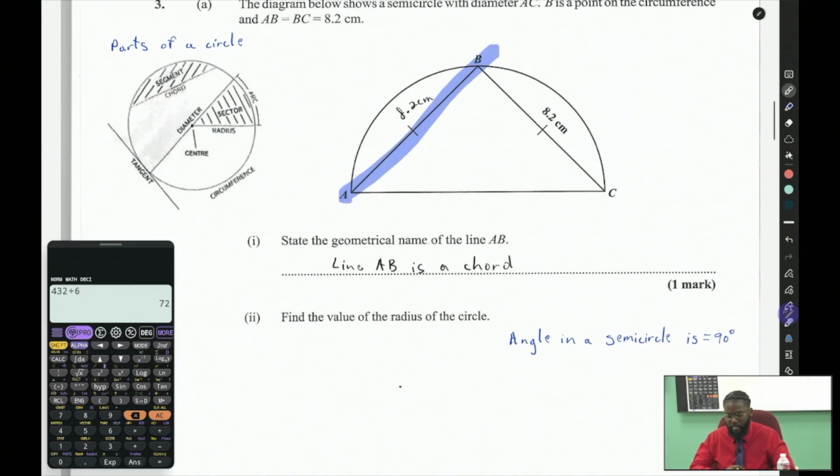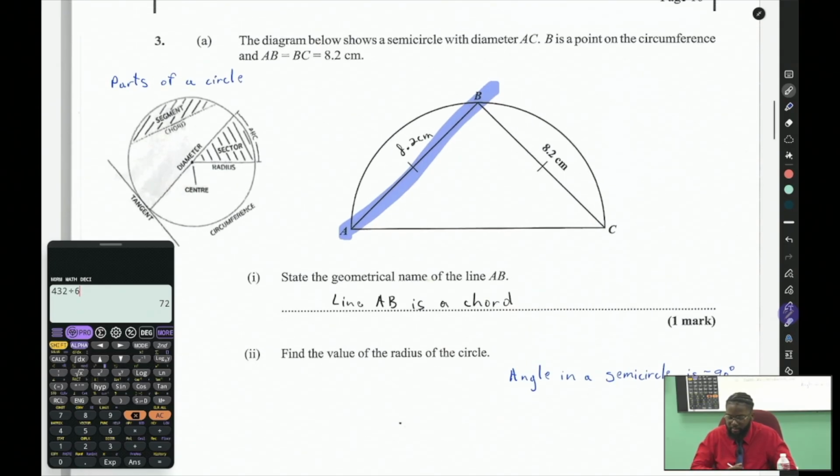So let's continue. Find the value of the radius of the circle. So if you remember, this is a little property from circle theorem, even though we're not really doing that right now, but you can apply that little property here, where since this is a semicircle, AC would be a diameter, and the two lines AB and BC are subtended to create an angle from that diameter, which is a 90-degree angle.